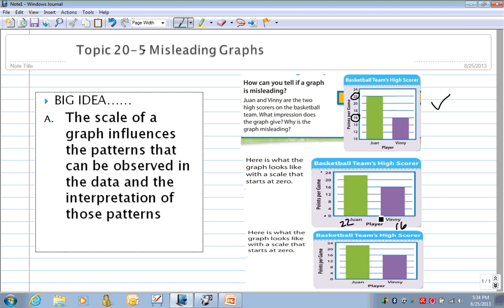Now, on this graph, you could see visually that Vinny doesn't have twice as many, so this one right here would be a more accurate graph, whereas this top one is misleading.